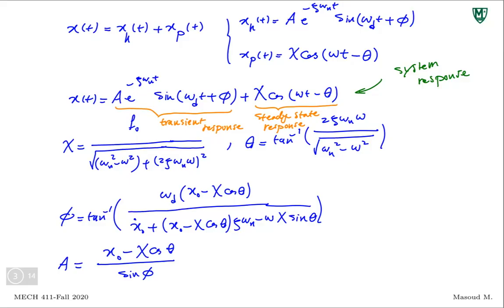So it has both a steady state response and transient response. After a few seconds, depending on how strong the damping is and what the initial conditions are, the transient response fades away, and the steady state response is the only response you have in your system. Again, after the first few seconds, let's say the system is working for hours, or after the first fraction of a second, depending on the system parameters.